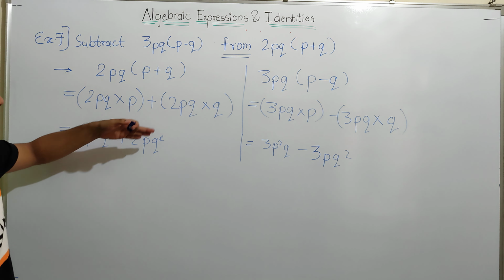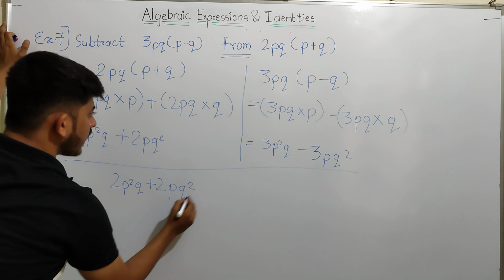So what we have to do is subtract this one from this one. So write 2p²q + 2pq².